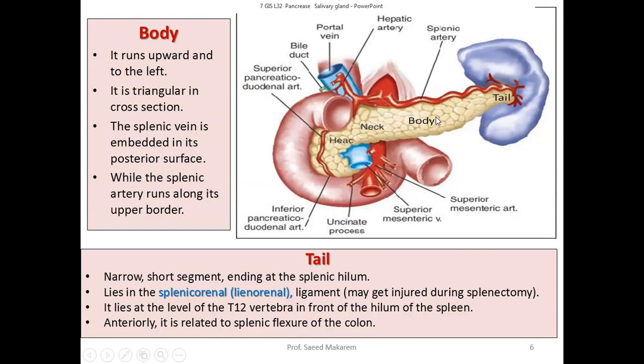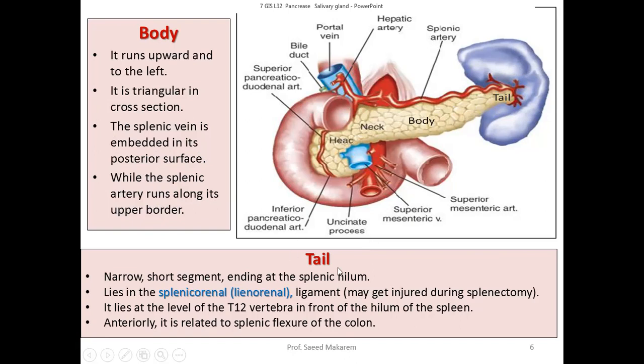The superior mesenteric vein and the splenic vein will join to form the portal vein. So the splenic vein is behind here. If you see from behind, then you can appreciate it. So the splenic vein is embedded in its posterior surface, while the splenic artery runs along its upper border. If you see here, this is the splenic artery, running at the superior border, and the splenic vein will be behind.